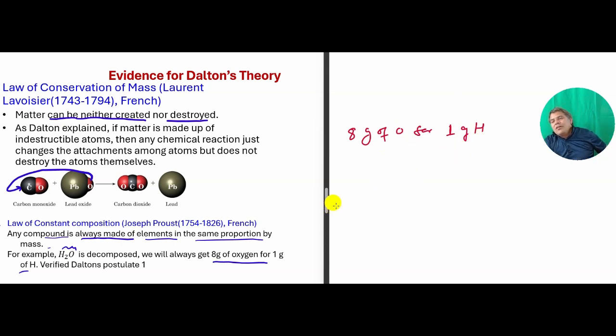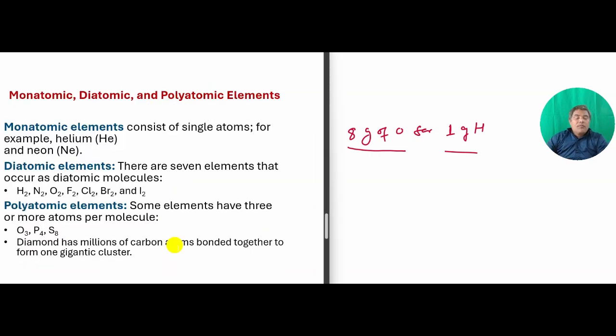Always in this ratio. If you get 16 gram of oxygen, you will get 2 gram of hydrogen. So that also verifies it.